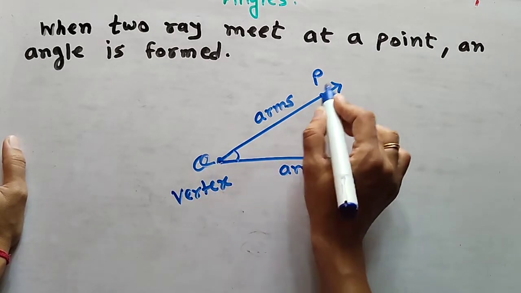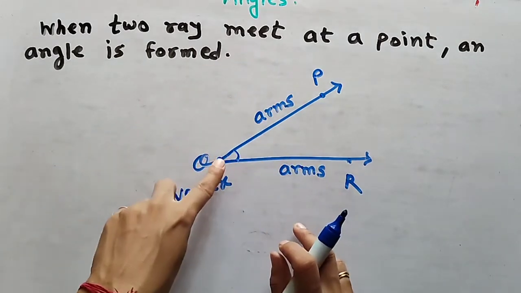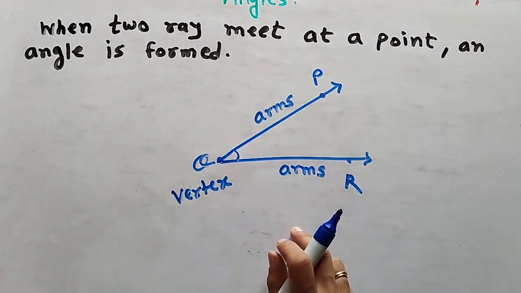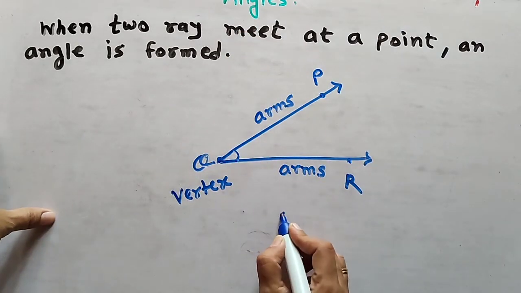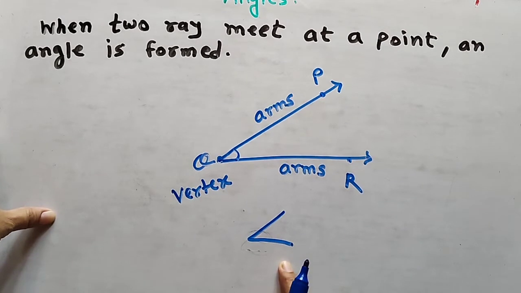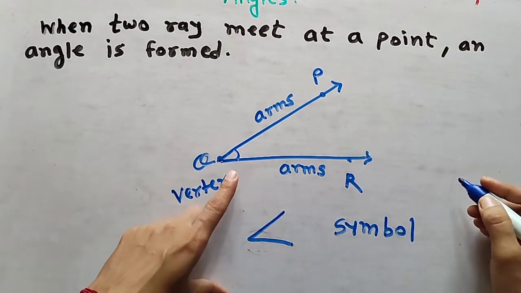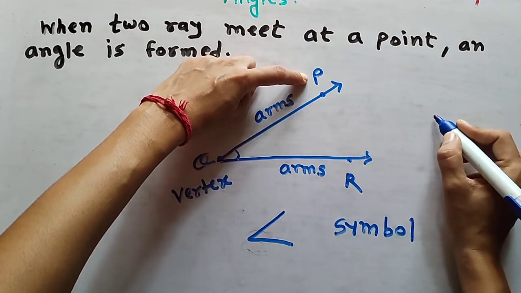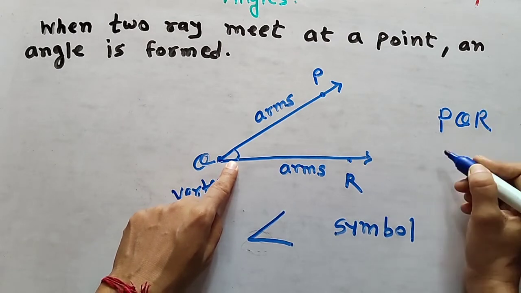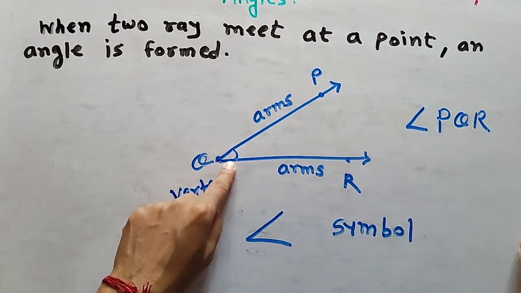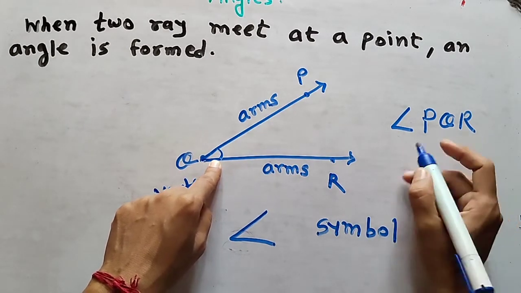And these are the two arms of the angle, and we use this symbol to write the name of the angle. So what is the name of this angle? We take first P, then Q and R, and write the symbol: angle PQR.